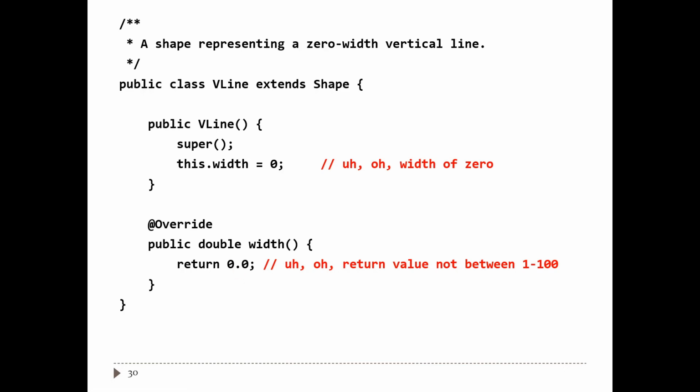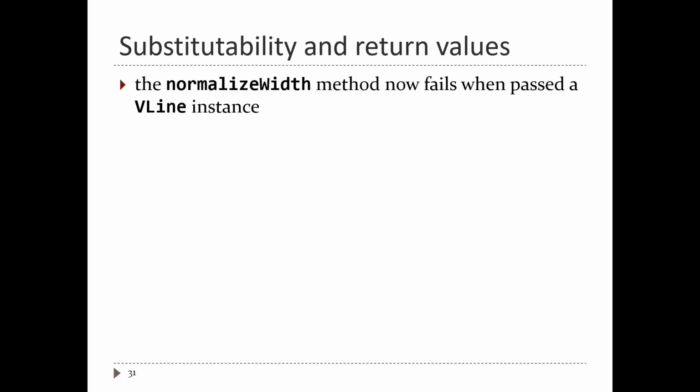We simply return 0 because that's the width of a vertical line, but that does not satisfy the contract for the width method that was inherited from the shape class. Now when somebody calls normalize width passing in a vLine object, the normalize width method ends up throwing an exception. So it fails even though it could pass every possible unit test that you could write given the contracts of the shape class.